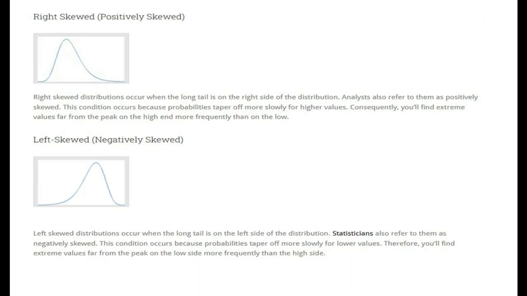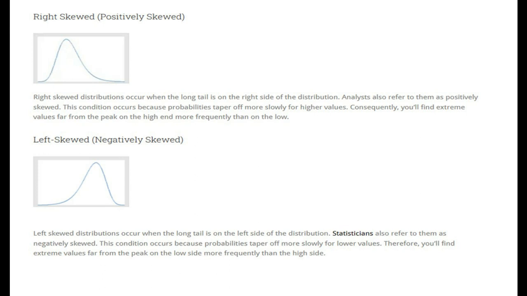Right-skewed distributions occur when the long tail is on the right side of the distribution. Analysts also refer to them as positively skewed. This condition occurs because probabilities taper off more slowly for higher values. So consequently, you'll find extreme values far from the peak on the high end more frequently than on the low.